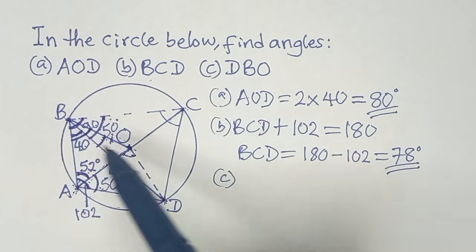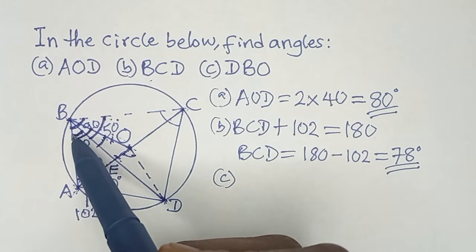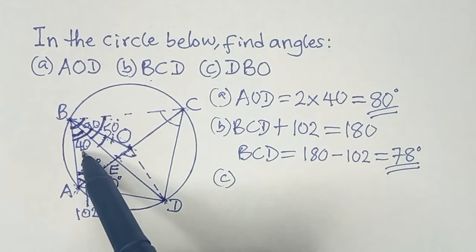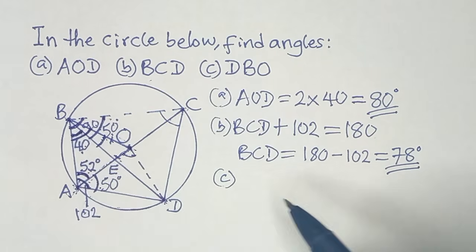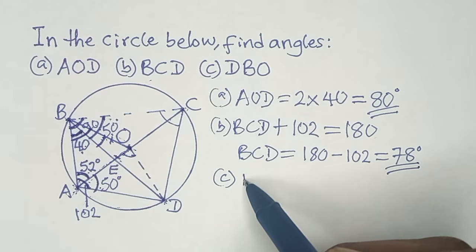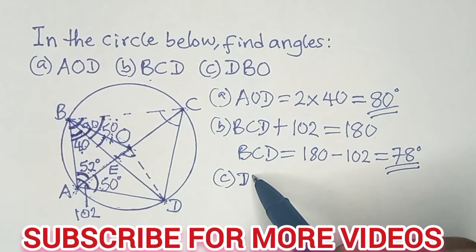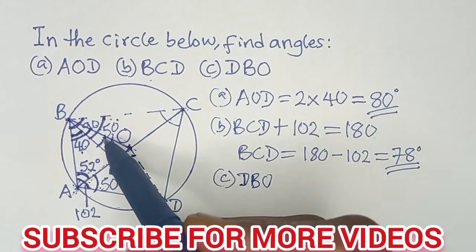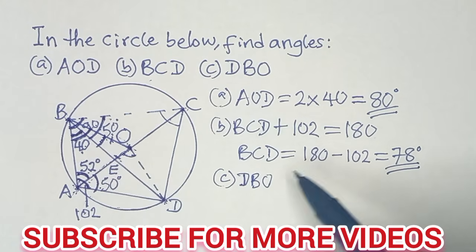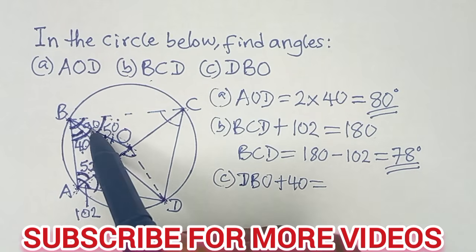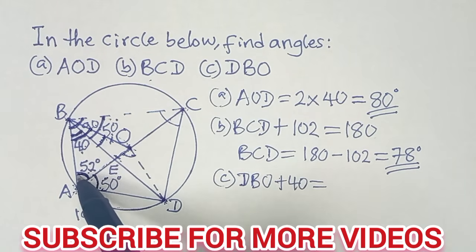But if you check it properly, one portion of the base angle is already 40 that we know from the beginning. So we are simply going to say DBO plus 40 is equal to the total base angle, which should be 52.